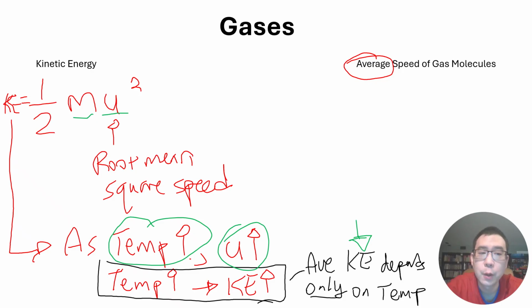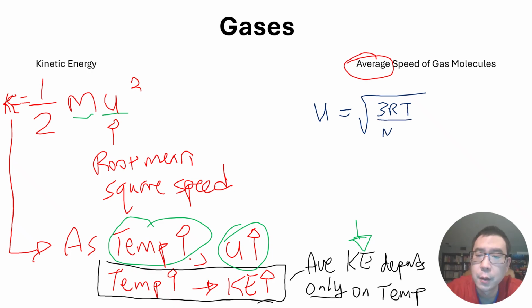And so we have another relationship that says the speed of the molecules is equal to the square root of 3RT over the molecular weight, or the mass, you could think of that as the mass of an atom.